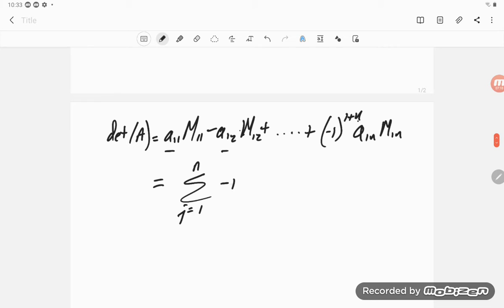And so this is negative 1 to the 1 plus j times a1j, and then times that minor M1j. Okay, so that is our determinant.